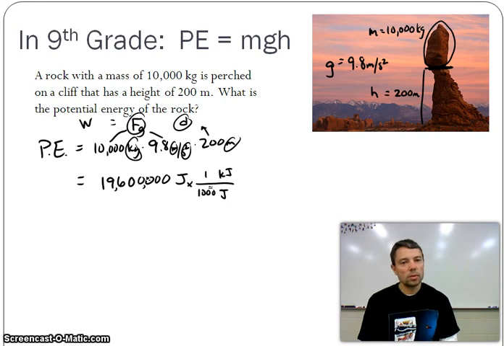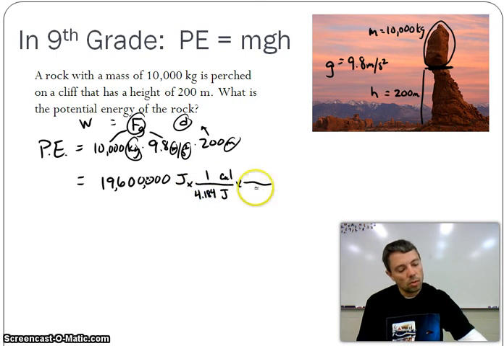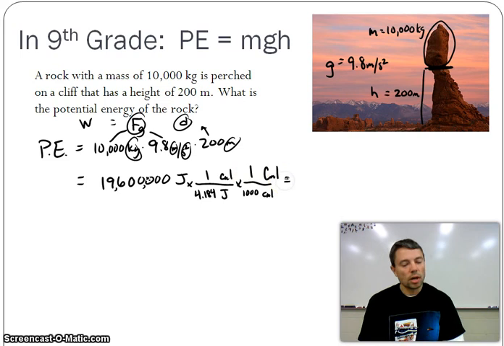An interesting thing would be to convert this to the energy that we consume, and you guys know about energy consumption in food, which is calories. So I could convert my joules to science calories, and in 1 science calorie there are 4.184 joules, and then convert my science calories to food calories, and in 1 food calorie there are 1,000 of these. And so that would tell me how many food calories I'd have.